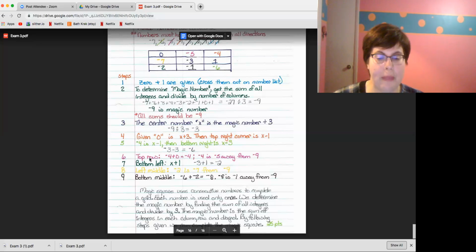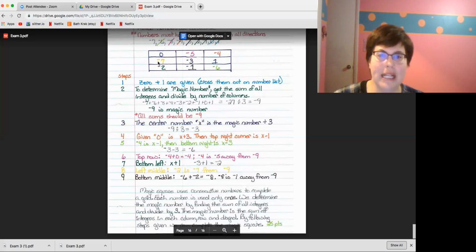There we go. And then step 8, and if you'll notice, all these colors match the step that it's in. The left middle is negative 2. Let's see, negative 2 is negative 7 from negative 9 because we have 0, which is given, negative 2 we figured out.